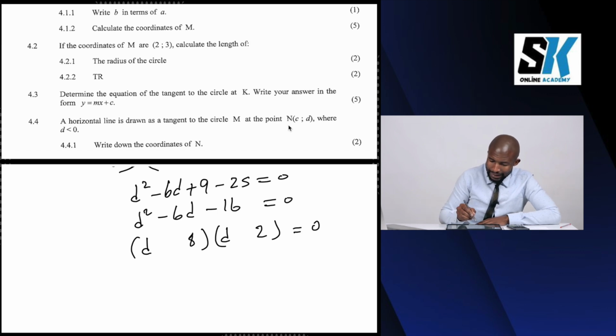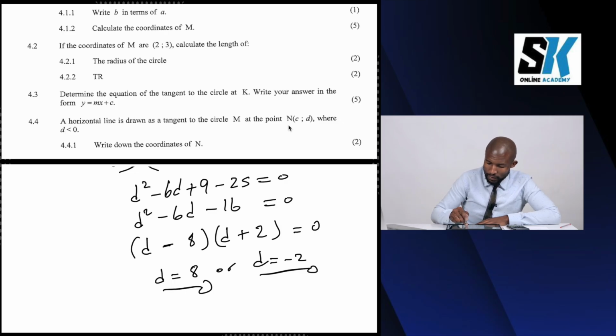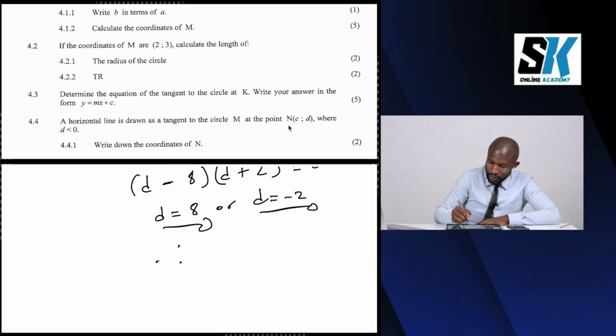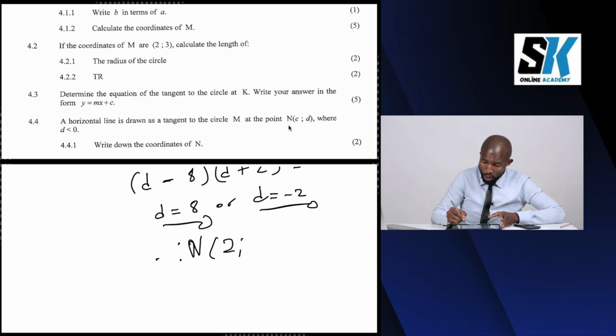So to get a negative 6, we say minus 8 and then plus 2. Then our d value has to be equal to 8, or d has to be negative 2. On the statement they said d has to be less than 0, meaning it has to be negative. Therefore the coordinates of n are (2, negative 2).